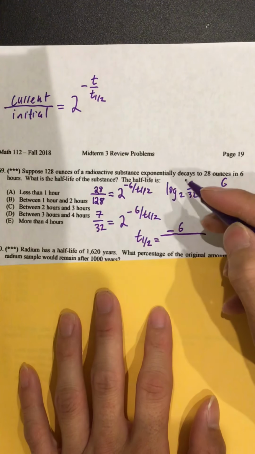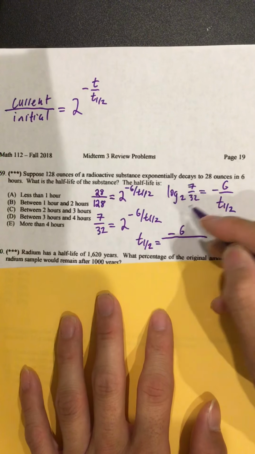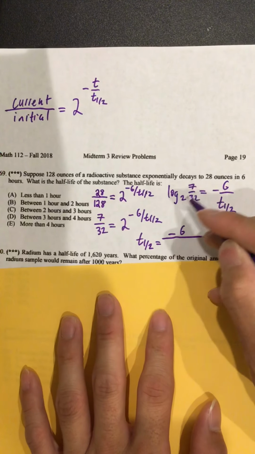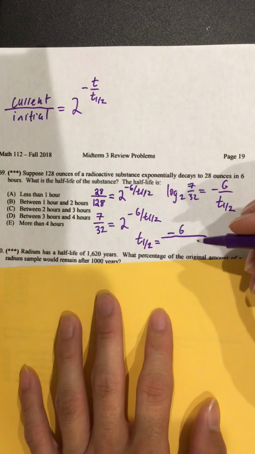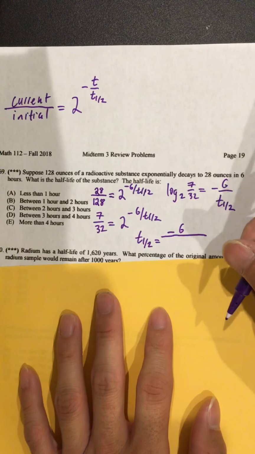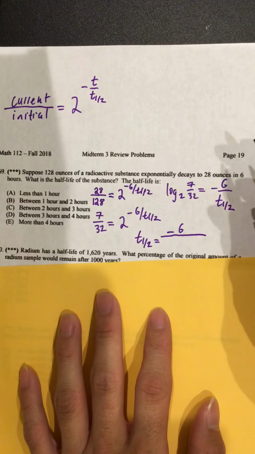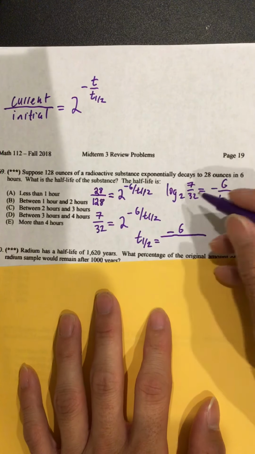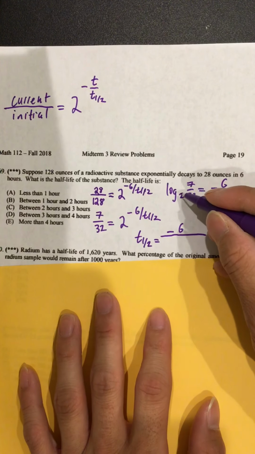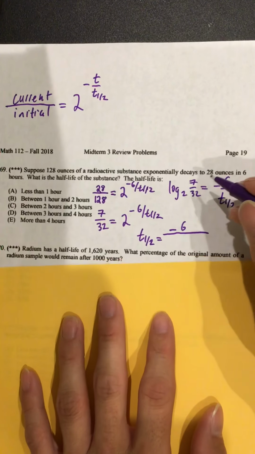Another reason why this is kind of tough too is because sometimes students aren't familiar with how to actually compute this number in their calculators. And if you have an old calculator like mine, you have to use change of base. If they have a newer one, then they usually have the option of being able to change the base.